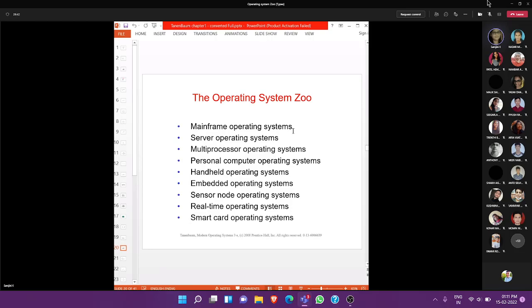Okay. A server operating system will not be used in a data center. It will support databases, the size of the database like a mainframe operating system, but a little lower than the mainframe operating system. The server operating system is one level down from the mainframe operating system. But when you compare it with personal computers, the server operating system is a high-end operating system.